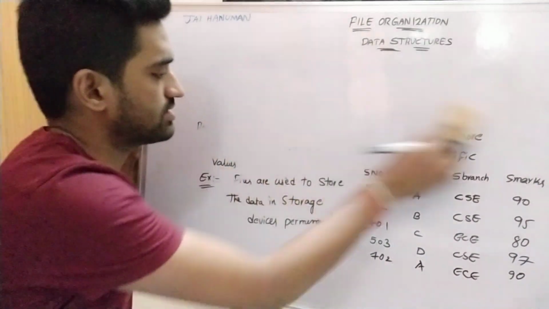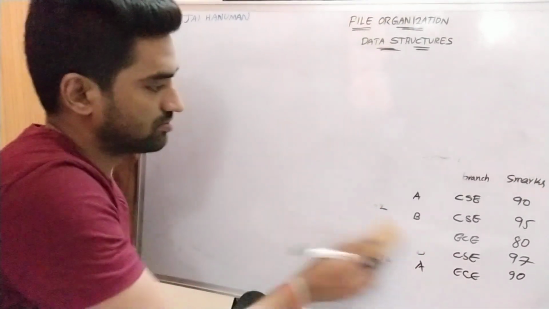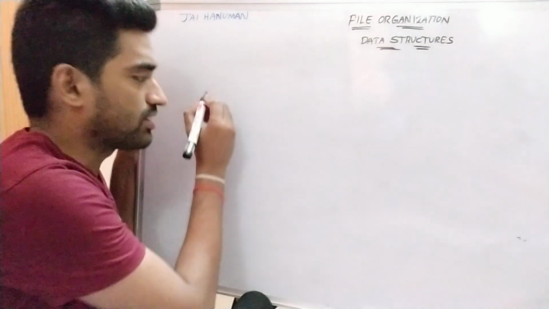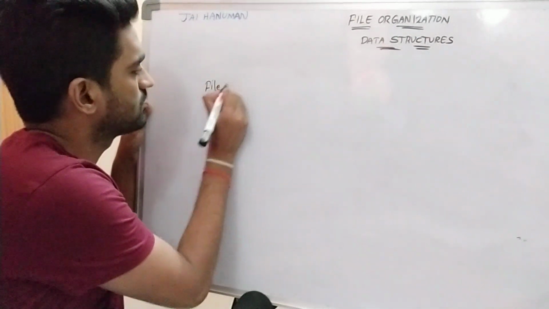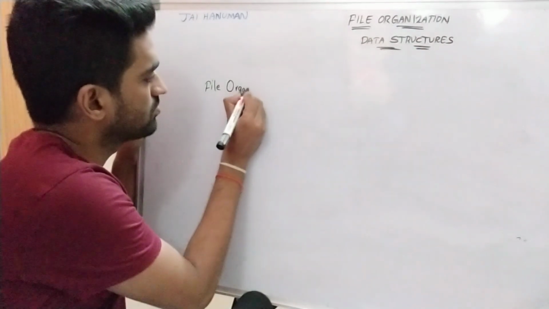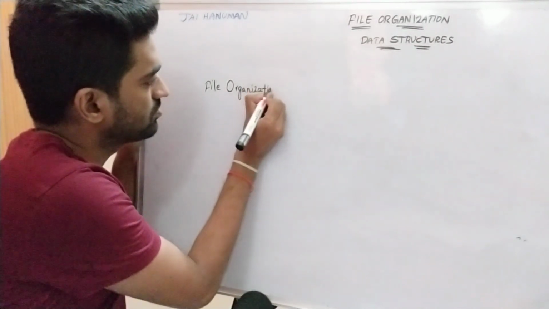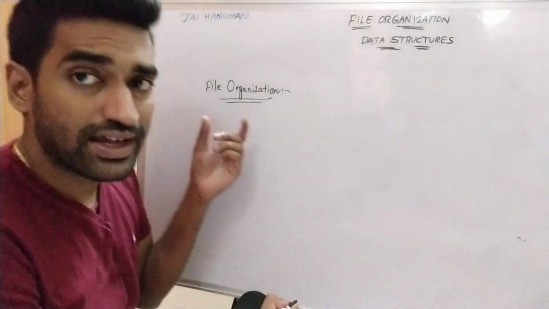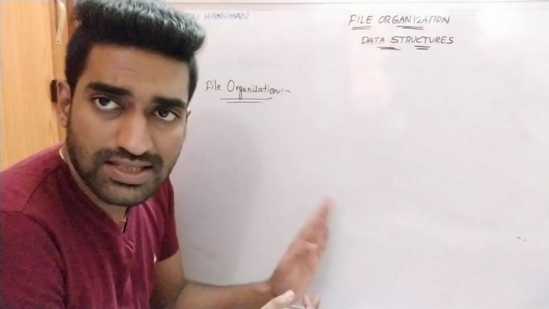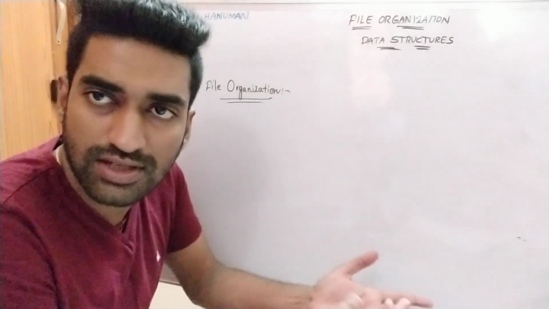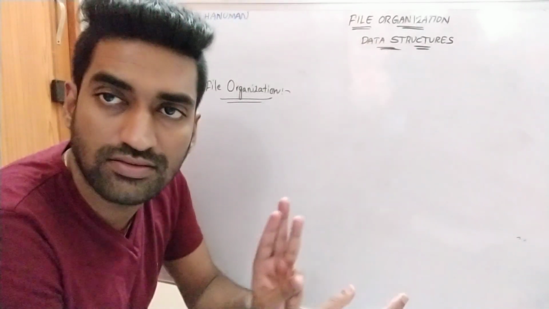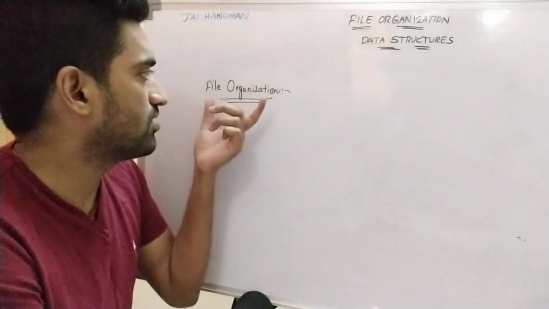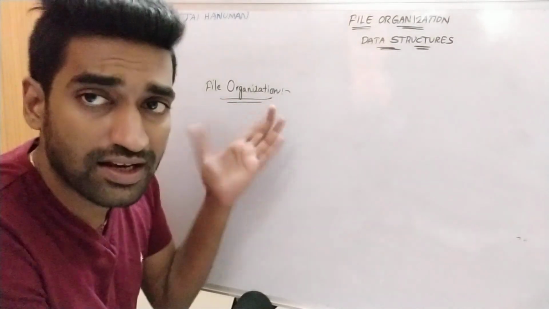File organization. What is file organization? Right? So to process any file in an efficient manner, it must be organized in three ways. Those techniques come under file organization, right?